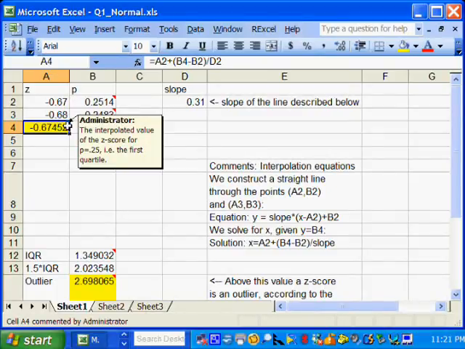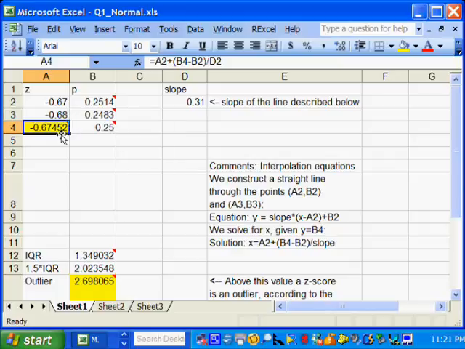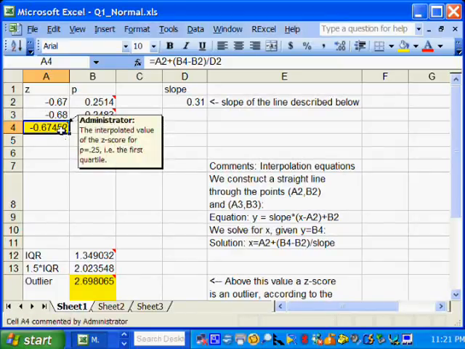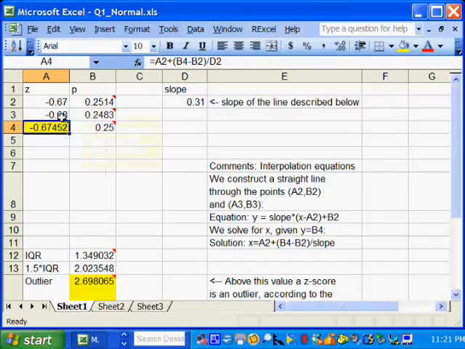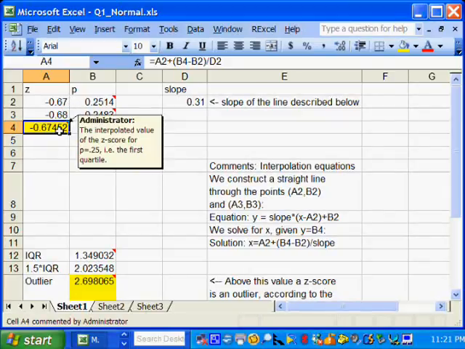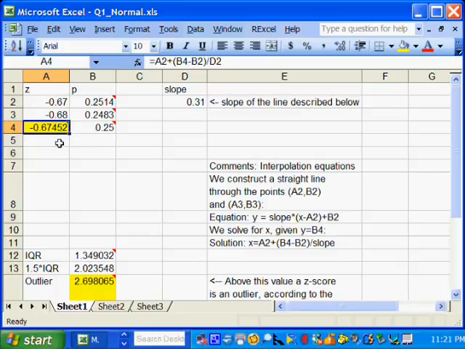And this value is much more accurate than the original value that I obtained roughly with precision of 2 digits by considering the first quartile to be either negative 0.67 or 0.68. So the interpolated value is much more accurate, and I should assume that the 4 digits of it are accurate, which is sufficient for WebAssign.